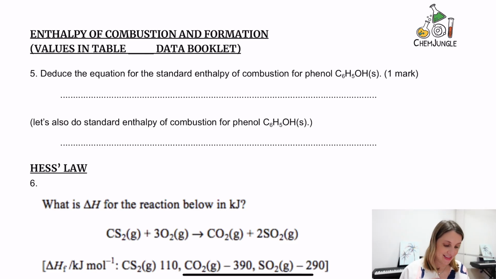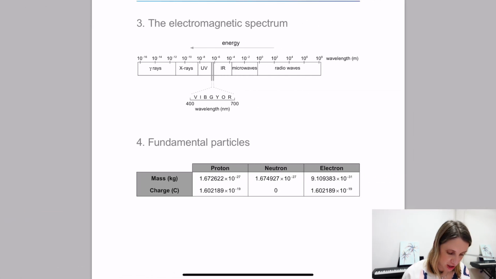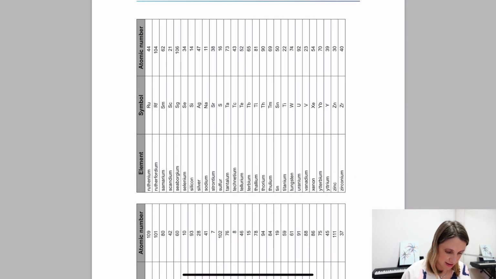Okay, so let's have a look at the definitions for enthalpy of combustion and formation and how you can articulate those using an equation. So firstly, these values for enthalpy of combustion and formation you actually will find in the data booklet.